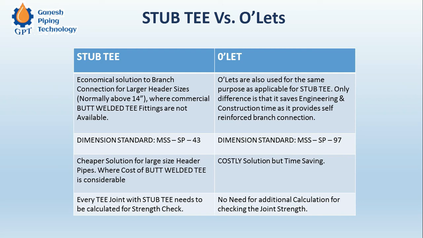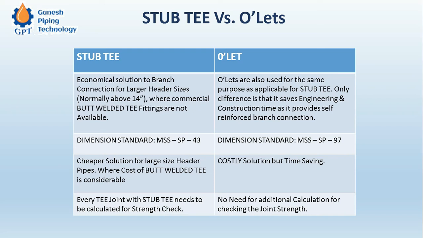The third point is that stub tees are cheaper because there is no such external fitting. Only the cost is the butt welded. Sorry, where cost of butt welded T is considerable when we go for larger diameters like 50 inch, 40 inch, and so on.